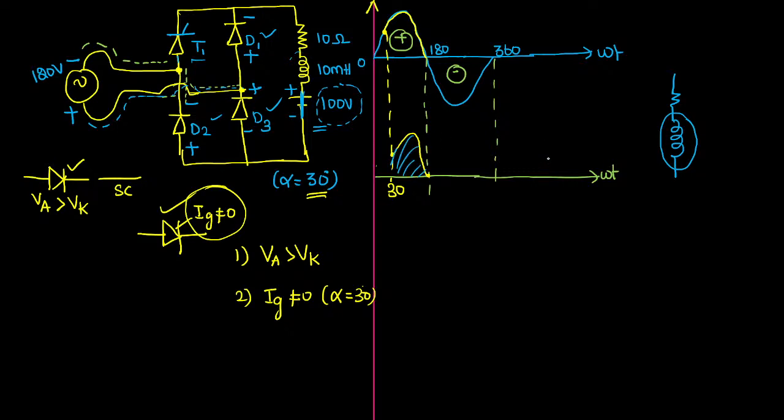So when you reverse the polarity of the supply, the amount of energy stored in the inductor will not get discharged instantly. So when we compare this positive energy with the supply negative energy, this energy will be more. So what it will do is it will continuously push thyristor T1 to continue its conduction.